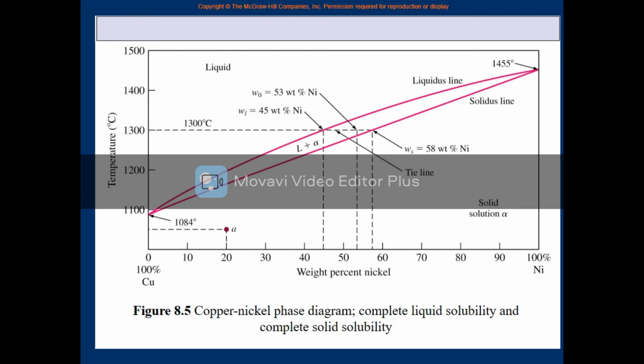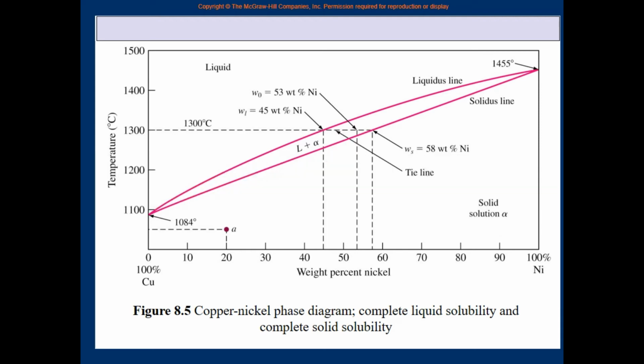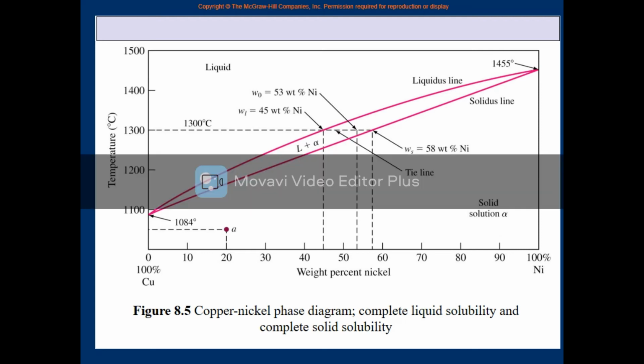If we initially take 53% nickel and 47% copper, and then we melt them completely in the furnaces, and after that we try to cool it, what will happen? That is what this phase diagram will tell us. So we will try to find that out.